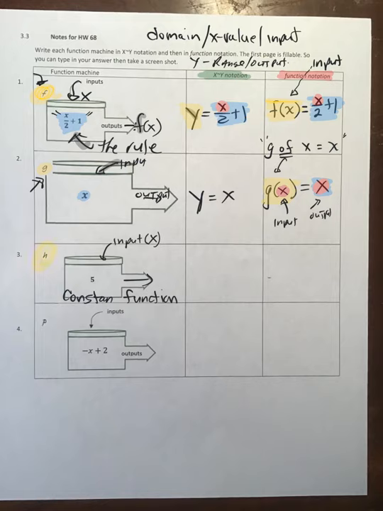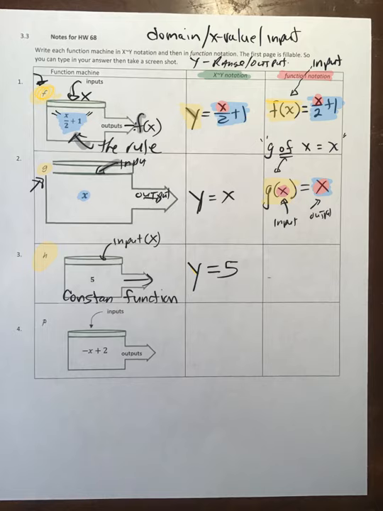This machine is the H machine, and it has no X. That is called a constant function, and that's kind of a special type of machine. So for the y-axis, we just say the output is 5. So the output is always 5.